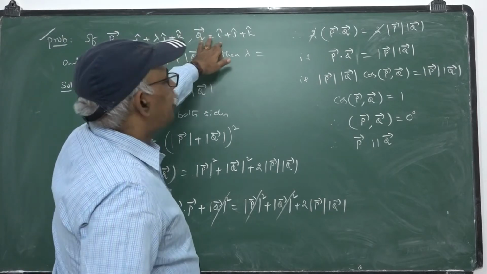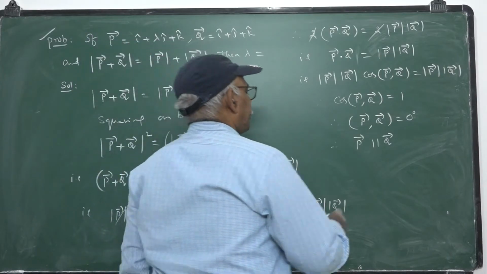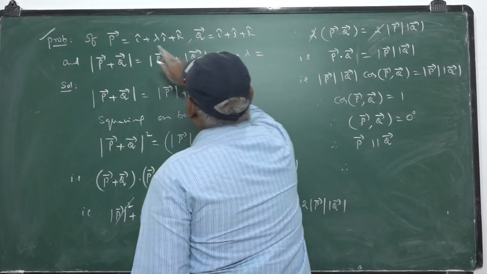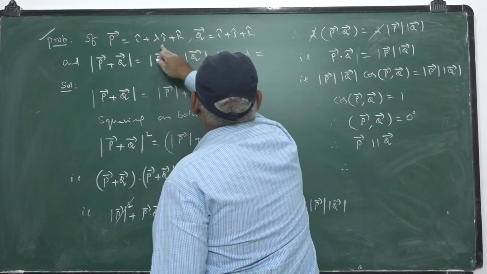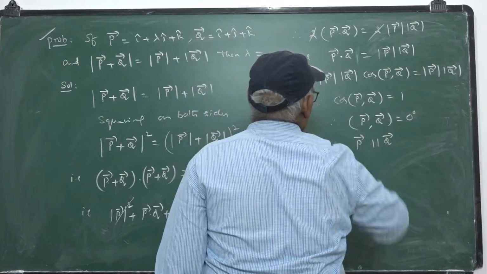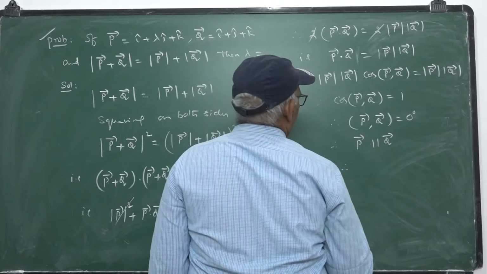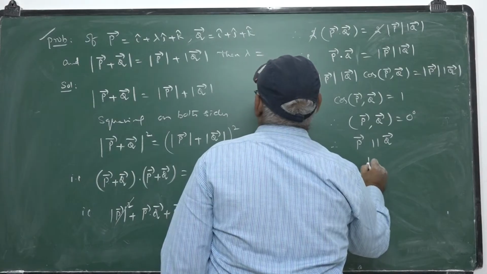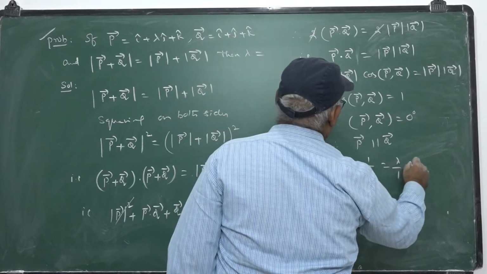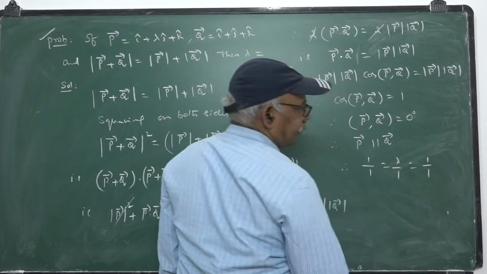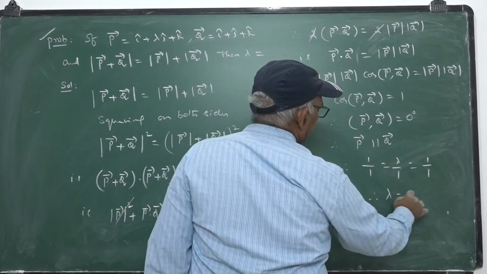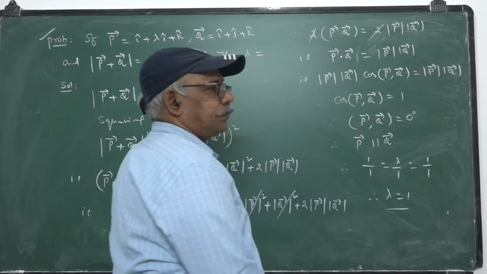So once these two are parallel vectors, therefore a1 by b1, a2 by b2, a3 by b3 are proportional. Therefore 1 by 1 equal to lambda by 1 equal to 1 by 1 itself. So lambda takes the value 1 itself.